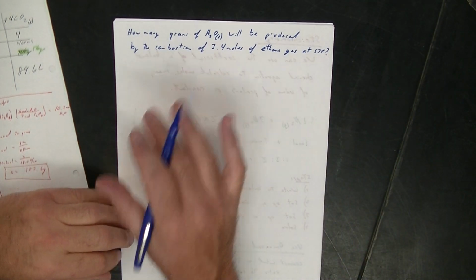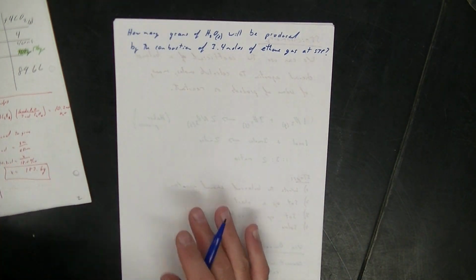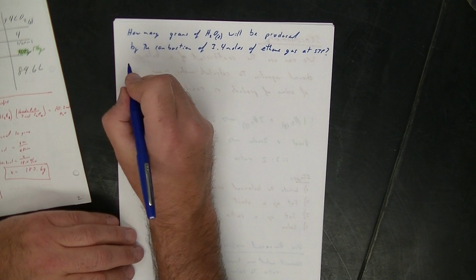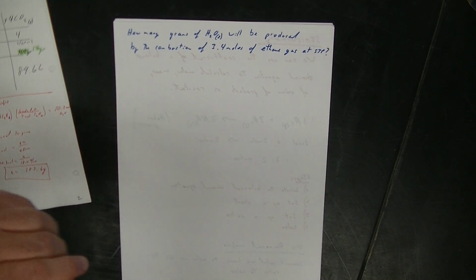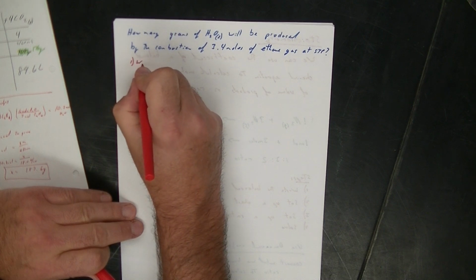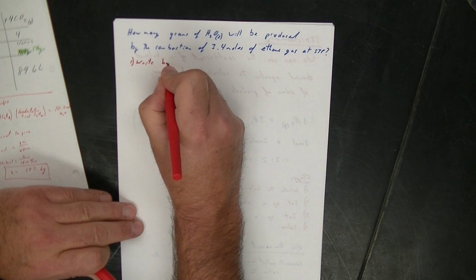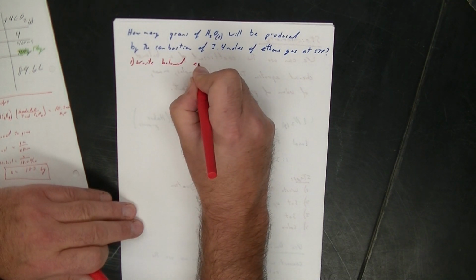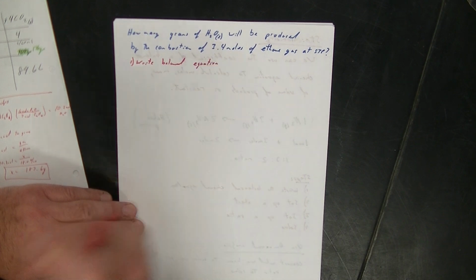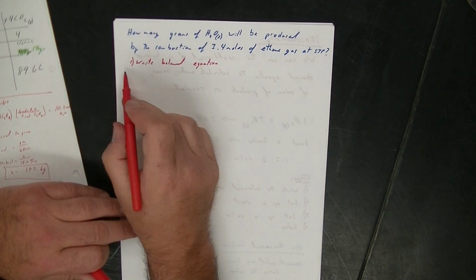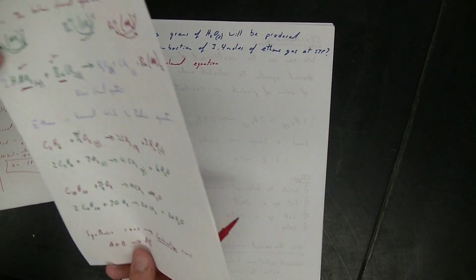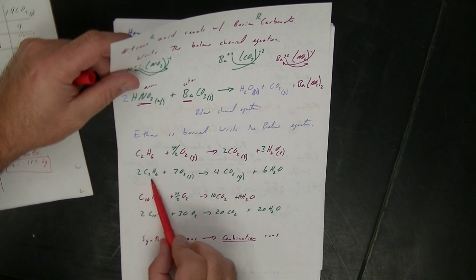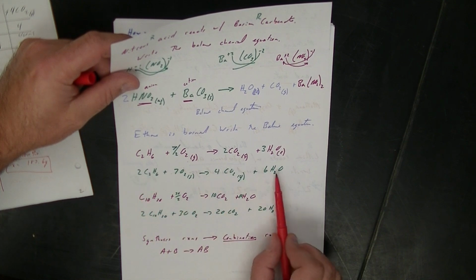Now, okay, let's start by doing it with a chart first. What I told you to do is write the balanced equation to start, so that's our first thing. We actually wrote this equation already, it was one of the ones that we did. Here it is, here's our ethane.